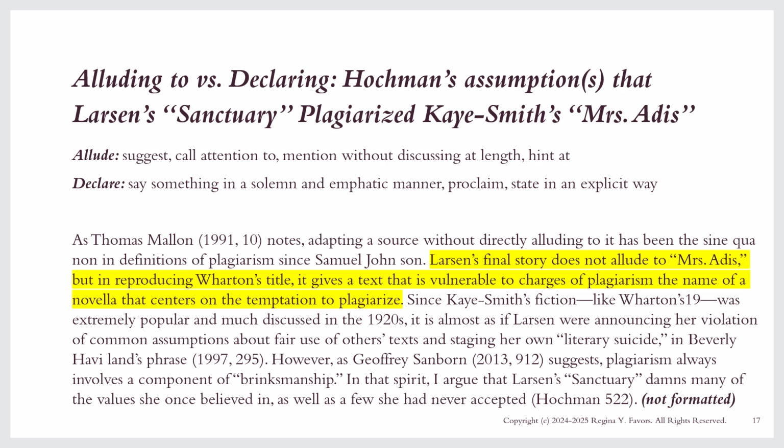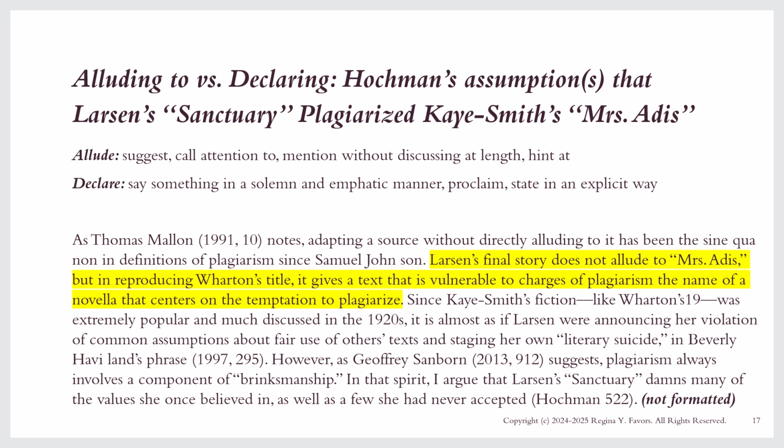Since K. Smith's fiction, like Wharton, was extremely popular and much discussed in the 1920s, it is almost as if Larsen were announcing her violation of common assumptions about fair use of others' texts and staging her own literary suicide.